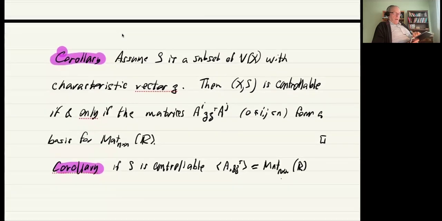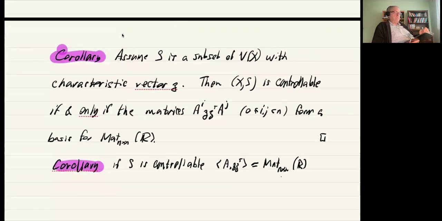So now, if S is equal to the vertex set of X, then ZZ transpose is equal to J. And so if S is controllable, then these matrices generate the space of n by n matrices.